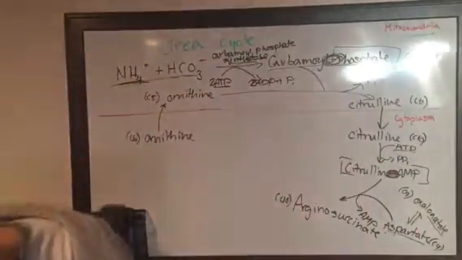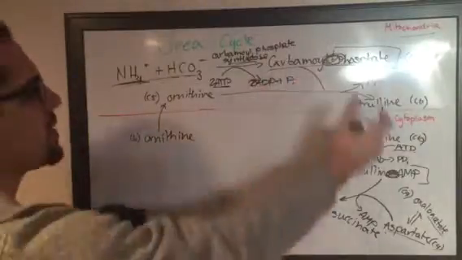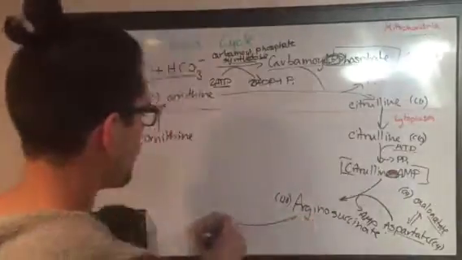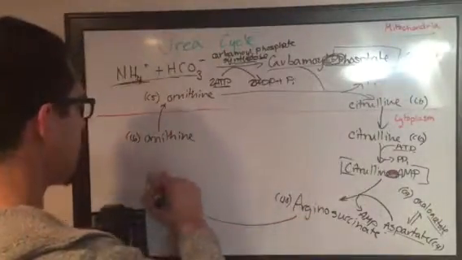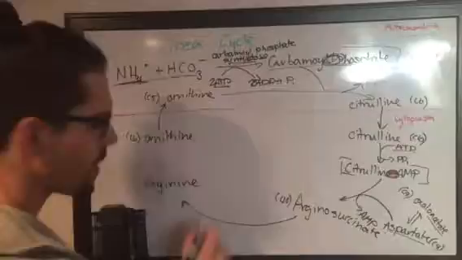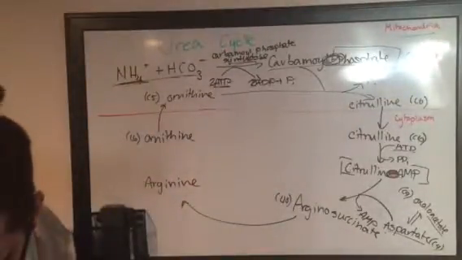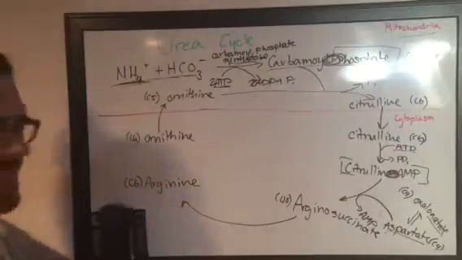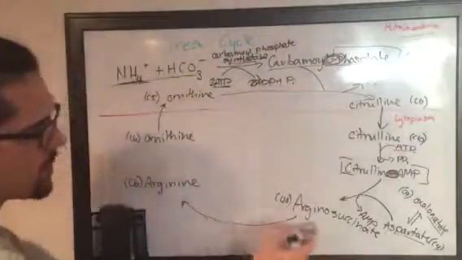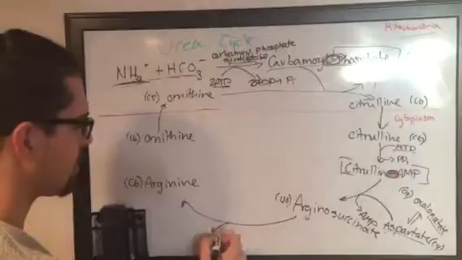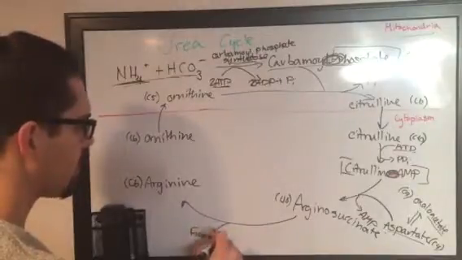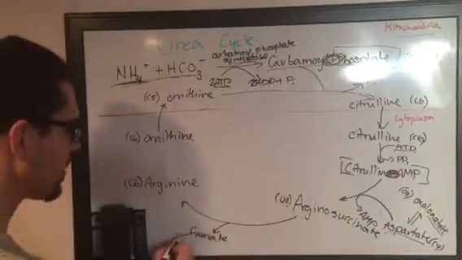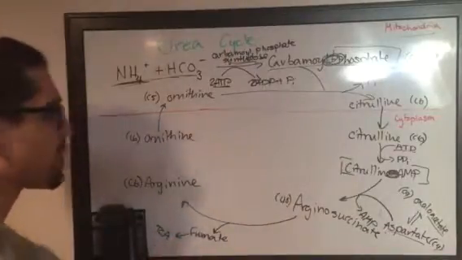compound. The next step in the cycle, and we don't need to know any of the enzymes for this, so it's kind of nice. The next step in the cycle is going to be breaking down that arginosuccinate into arginine. Now, how many carbons is arginine? Arginine is going to be a C6 compound, C6. What we're going to be breaking off of this arginosuccinate is something known as fumarate, which you may recognize is a TCA cycle intermediate, so that's going to go right off to the TCA.